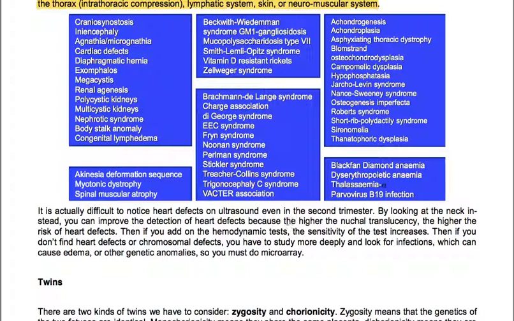Then, if you add on the hemodynamic tests, the sensitivity of the test increases. Then, if you don't find heart defects or chromosomal defects, you have to study more deeply and look for infections, which can cause edema, or other genetic anomalies. So you must do a microarray.